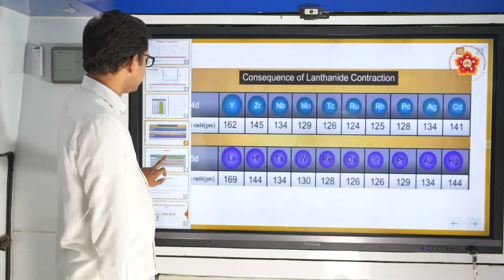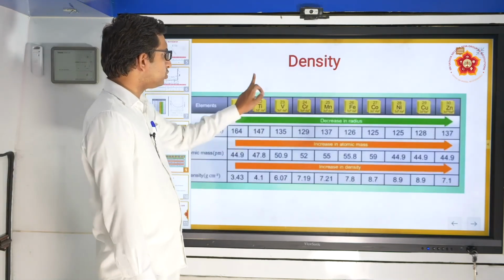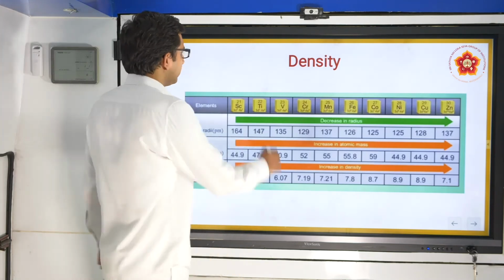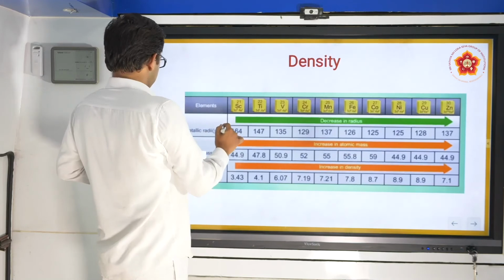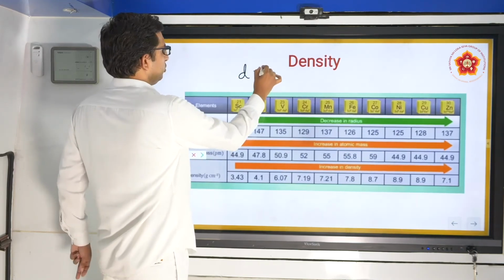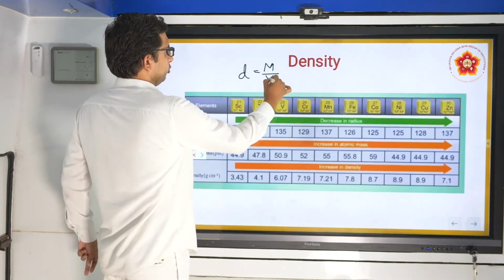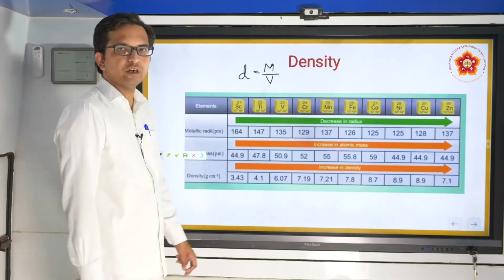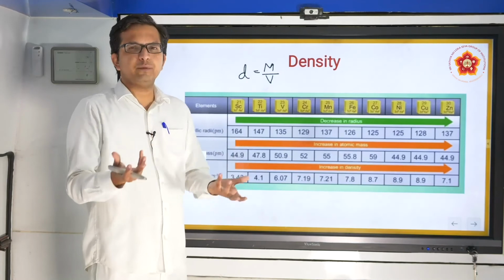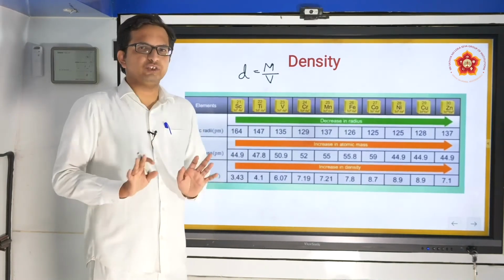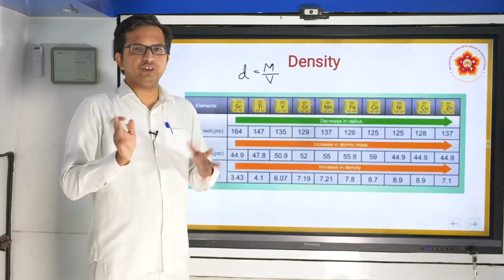We then also see the density of these compounds. What is density? Generally we can represent density as D is equal to mass by volume. Now what is this mass by volume? The mass of these compounds is determined by the nucleus which is present, protons, neutrons and others.